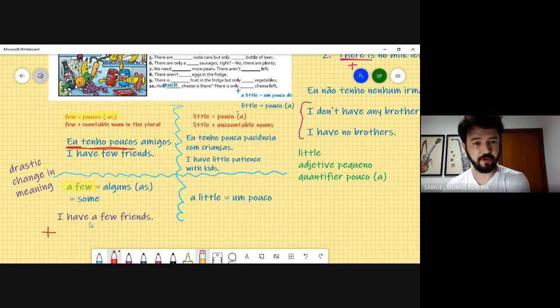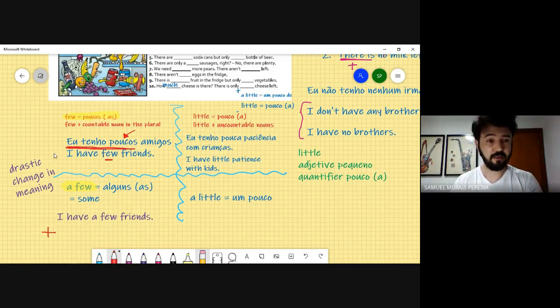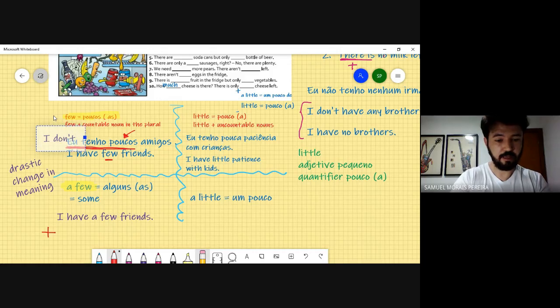I have few friends. Percebam que a perspectiva do few sozinha é negativa. Quando eu falo eu tenho poucos amigos, eu estou dizendo eu não tenho amigos o suficiente, talvez. Eu não tenho a quantidade que I wish to have. Então é assim, ó. I don't have the number of friends.